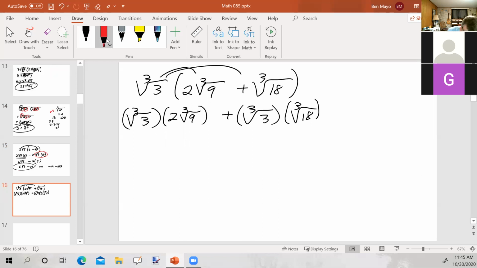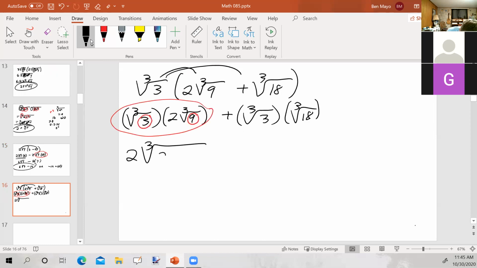Yes. Now, let's look at this. I've got 2 cube roots of 3 times 9, which is what? 27, which is a cube, right? Yes. 3 cubed.